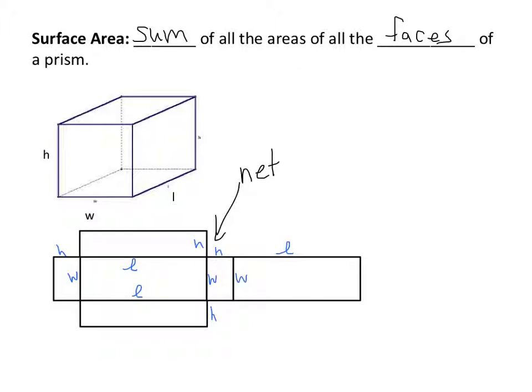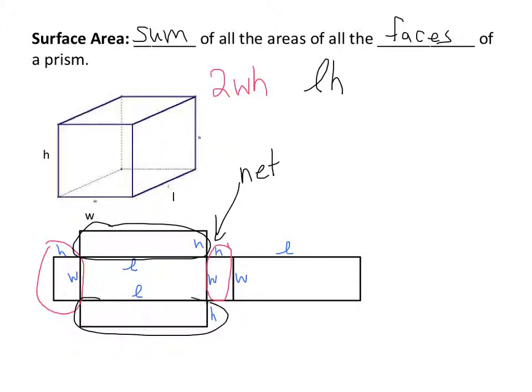So if we try to look at the surface area of this, first I'm going to look at this part. The area of that is just the width times the height. But that's also equivalent to this one, so we have the width times the height times 2. Then we look at this face, in which case we have the length and the height, but we also have that over here, so that's also times 2.